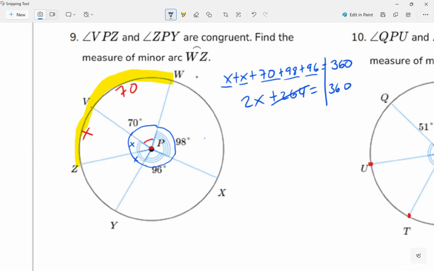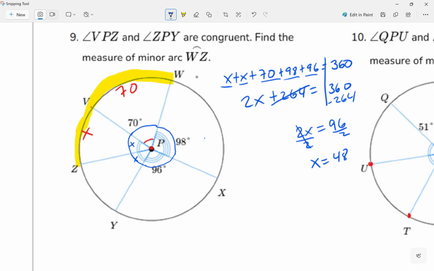I'm going to move it to the other side, however I have to switch the sign. So instead of plus, I'm going to call this minus 264. So 2x is equal to 360 minus 264, which is 96. If I divide by the number in front of the x, in this case 2, that gives me 1x. 96 divided by 2 is 48. So x is equal to 48.